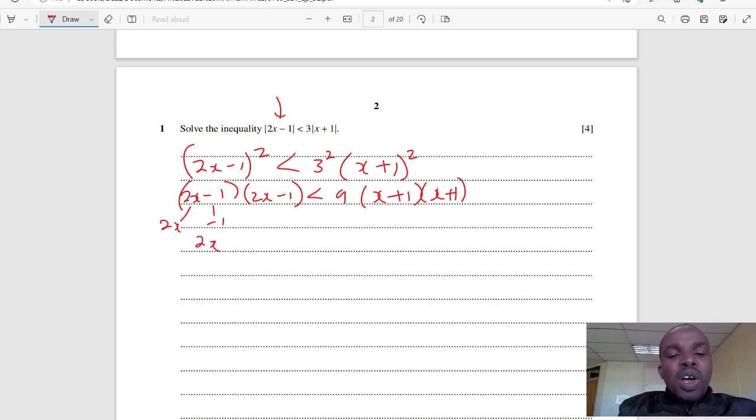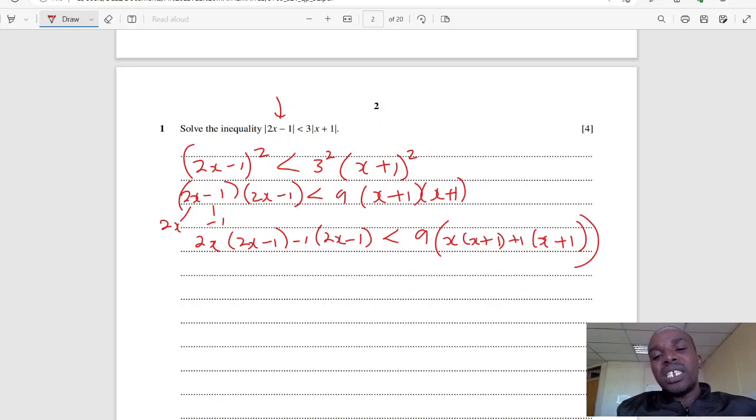So 2x multiplies the second bracket, 2x minus 1. Minus 1 also multiplies the second bracket, 2x minus 1. Then less than, you maintain your 9. You remove this bracket: x multiplies the second bracket, x plus 1, then plus 1 multiplies the second bracket, x plus 1. Then you put a big bracket to make sure 9 is outside these items.